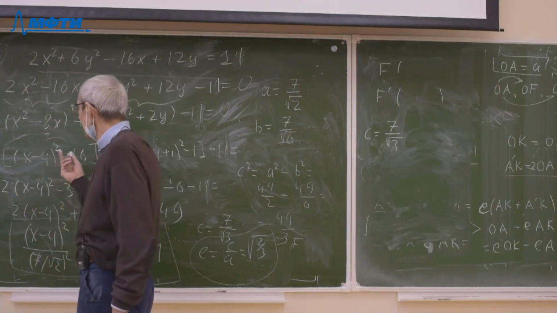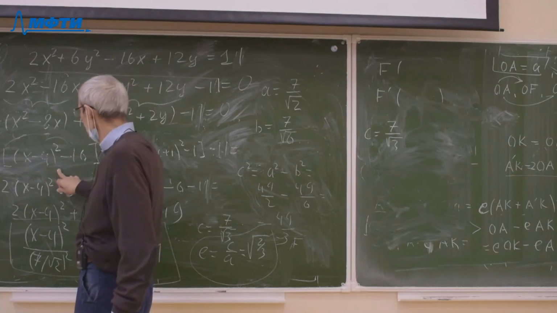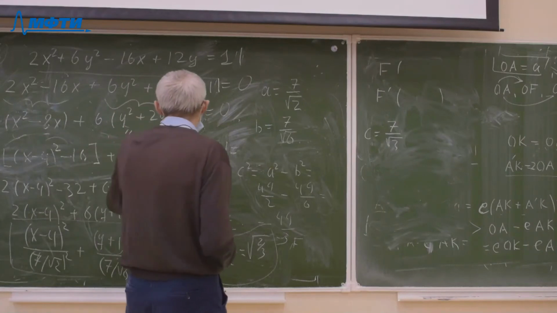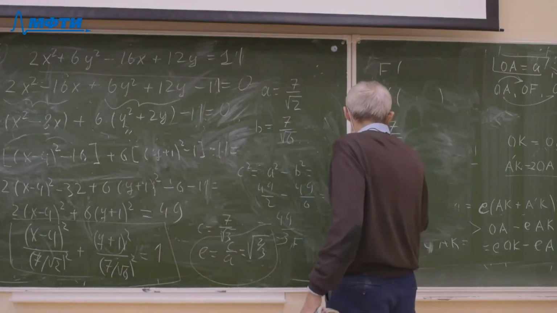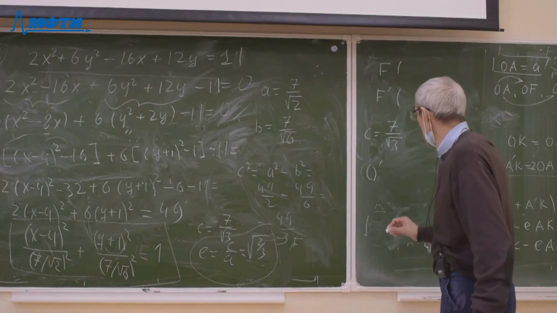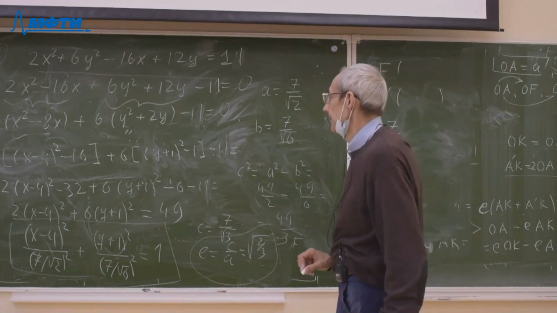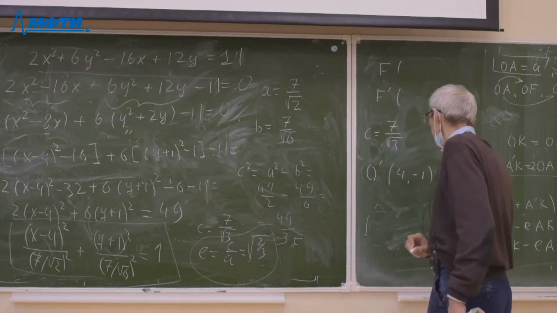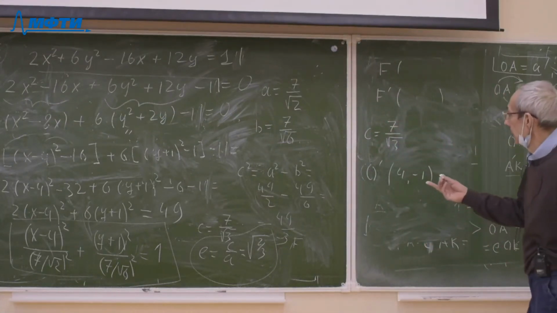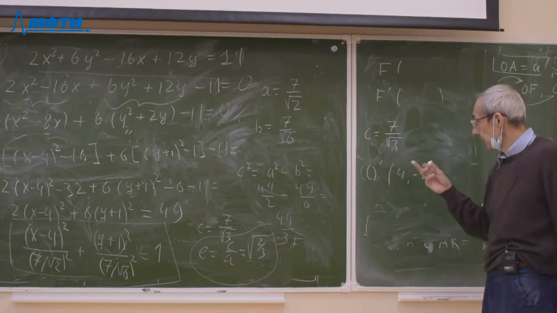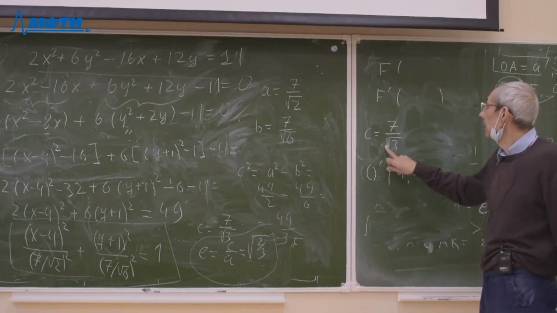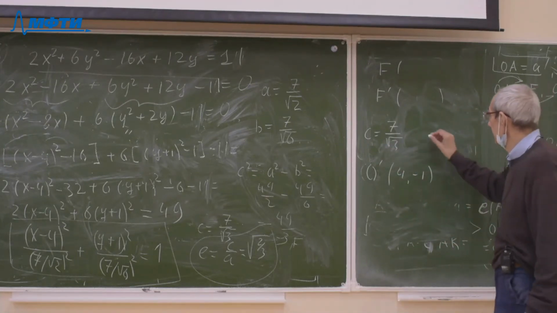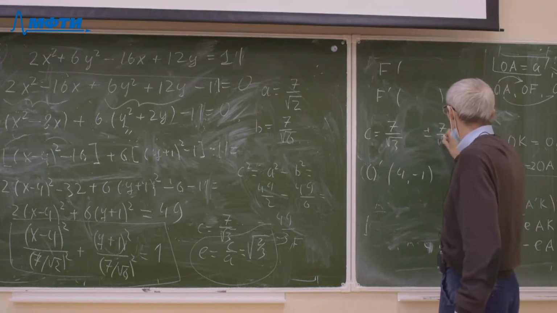the coordinate of the origin of the canonical coordinate system in the initial coordinate system is 4, minus 1. The coordinate O prime is 4, minus 1. But the coordinate for x in the canonical coordinate system is plus minus 7.